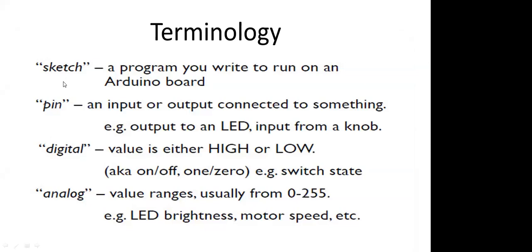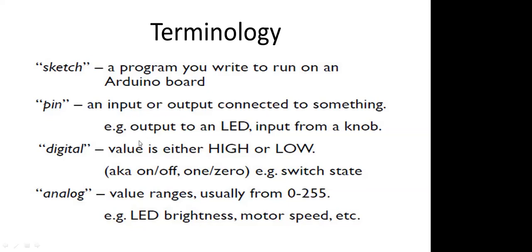First one is a sketch. A sketch is a program, so whatever program you write is known as a sketch. Then pin. A pin can be an input pin or an output pin. There are two types of pin, either input pin or output pin.